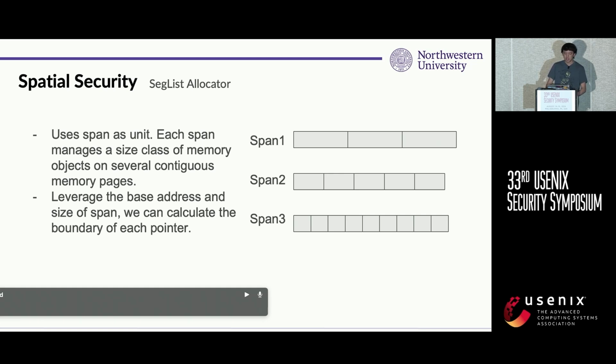Each span manages a size class of memory objects on several continuous memory pages. So we save the base address and the size of each span. By utilizing this metadata, we can calculate the boundary of each pointer. So when given a pointer, we can calculate its boundaries at runtime.